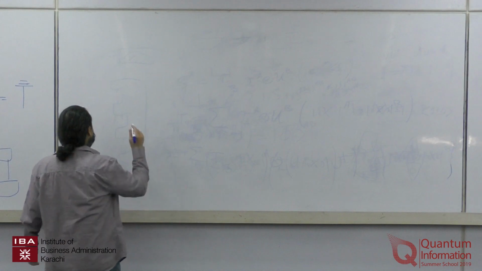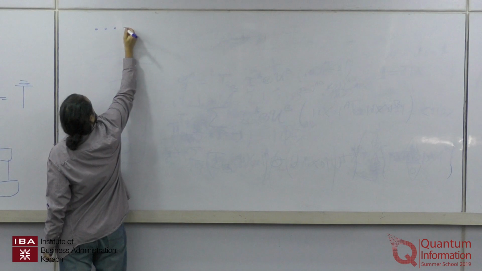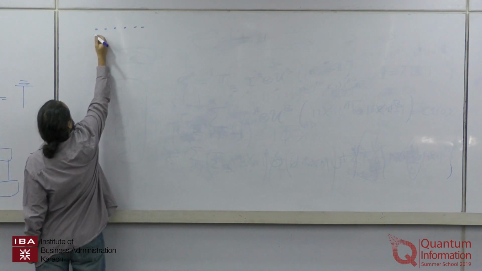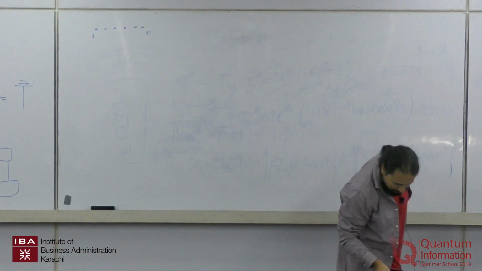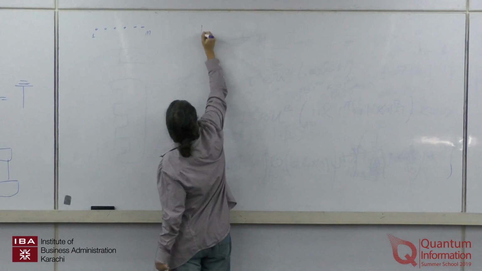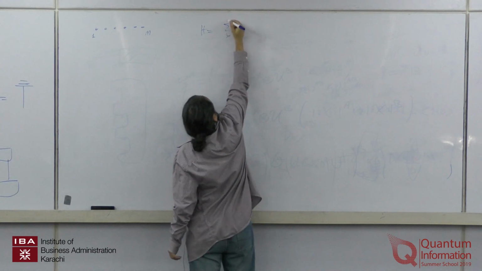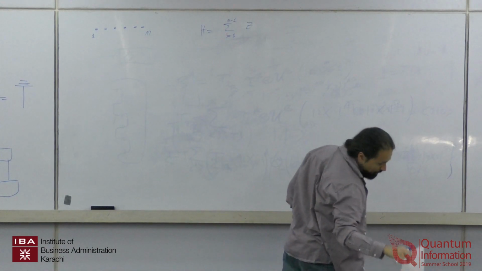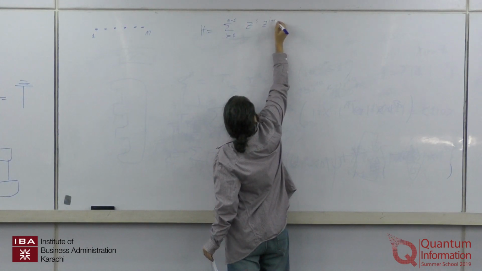Okay, let me first write the general model I'm interested in. This is a chain of qubits, and we label them from 1 to small n. The Hamiltonian we write is the sum j goes from 1 to n minus 1, Z_j Z_j plus 1.